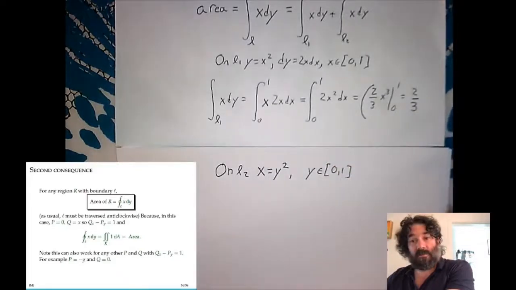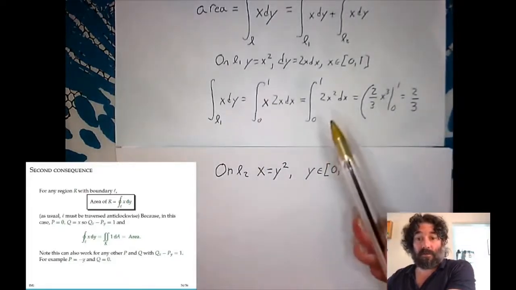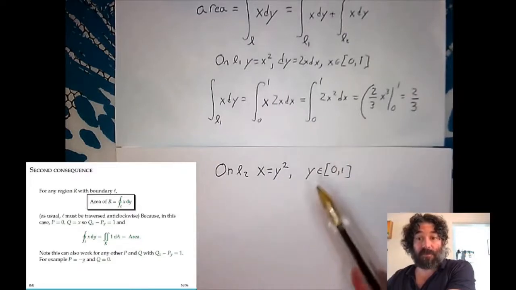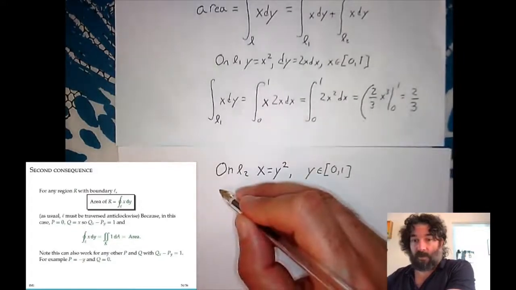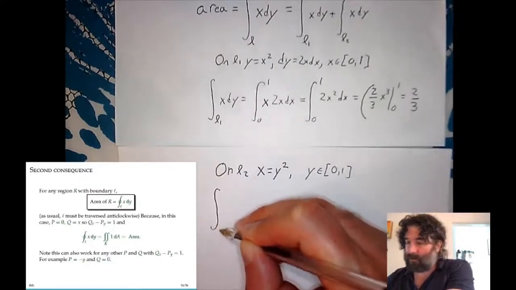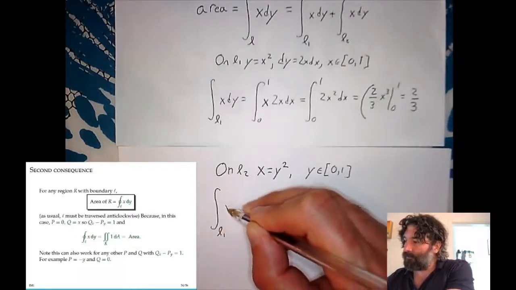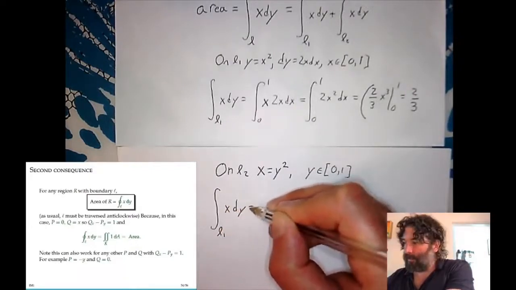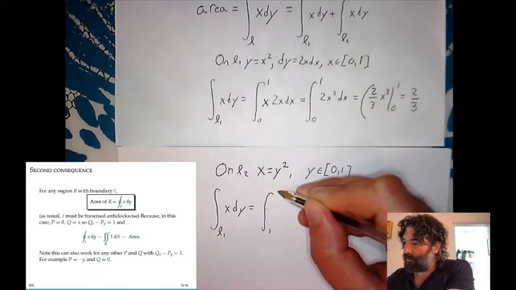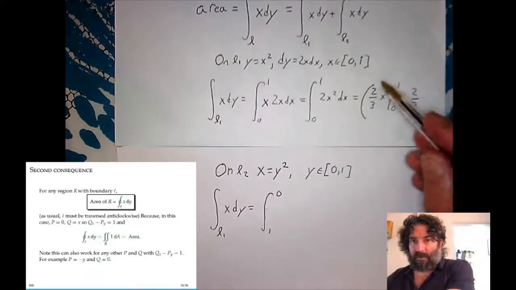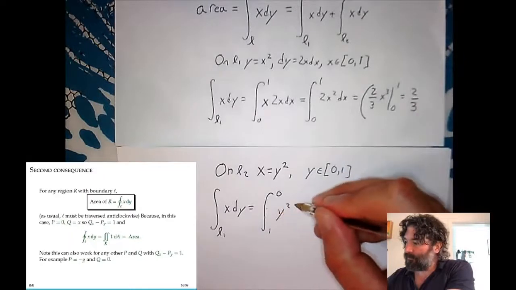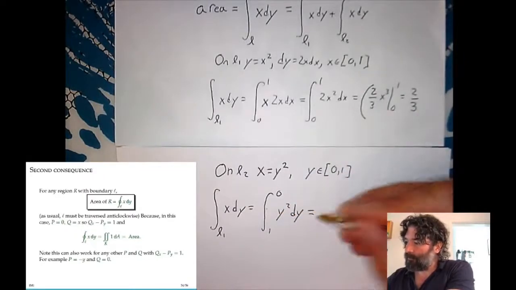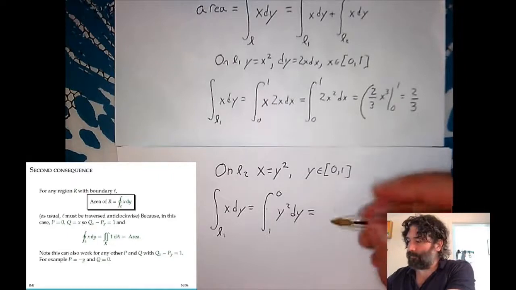y is in the interval from 0 to 1, but the curve goes from the top to the bottom because we traverse the boundary of the region in the anti-clockwise direction. And so in the integral, y goes from 1 to 0. The integral over L2 of x dy is the integral from 1 to 0 of x, which is y squared, dy, when we use y as the parameter.